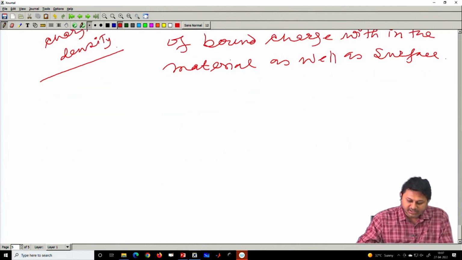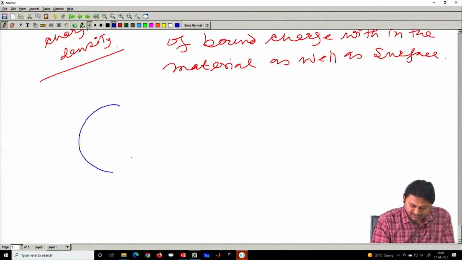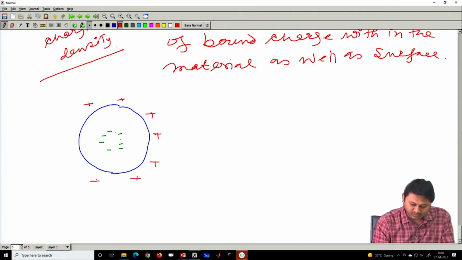So, what is the meaning of that? Suppose I have a dielectric system here, but the polarization is not uniform throughout. Suppose we have a bulk of negative charge sitting here and some positive charge over the surface. This is the way the charge is distributed, but it is not distributed uniformly.